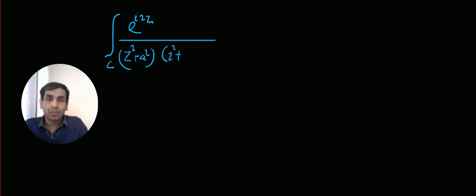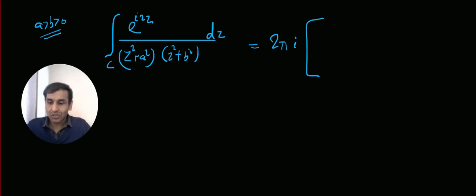Now, look at this. The integral that I created, not the question they asked, but the one I created, that is the integral of e to the power i2z divided by (z square plus a square) multiplied by (z square plus b square) dz, where a is greater than b and a and b are both positive numbers, is equal to 2 pi i times the sum of the residues.